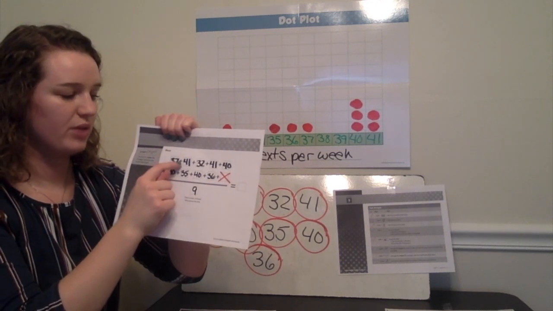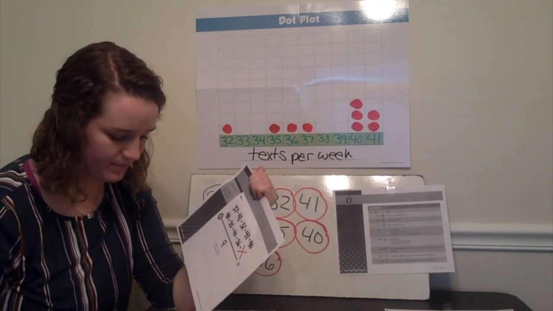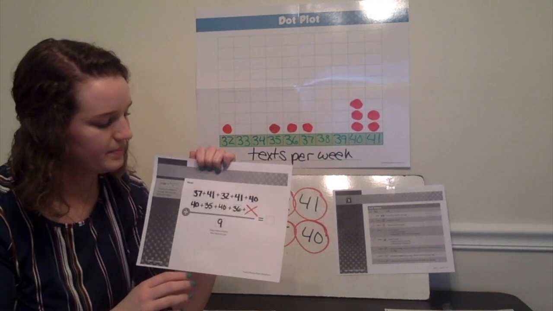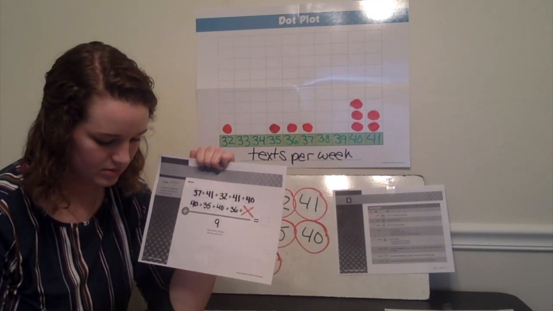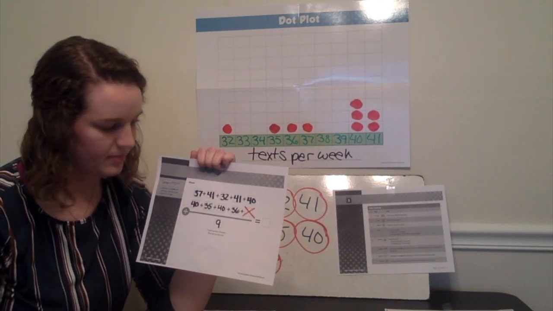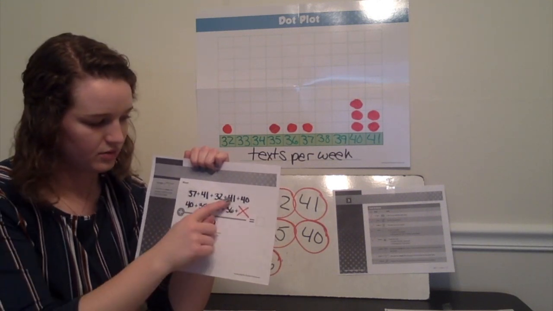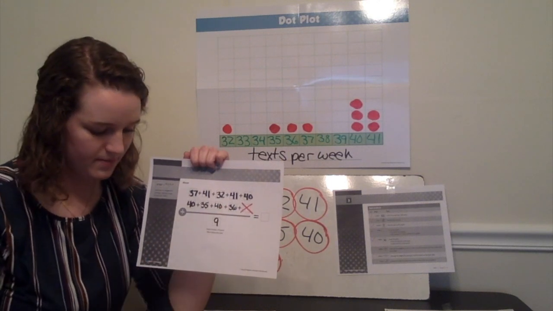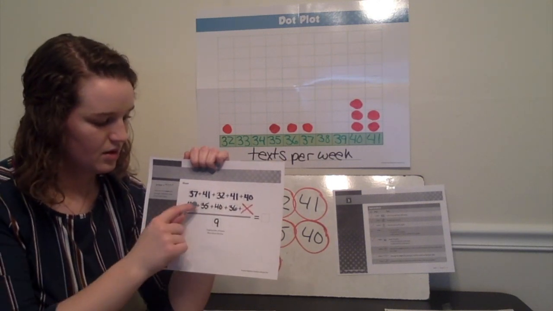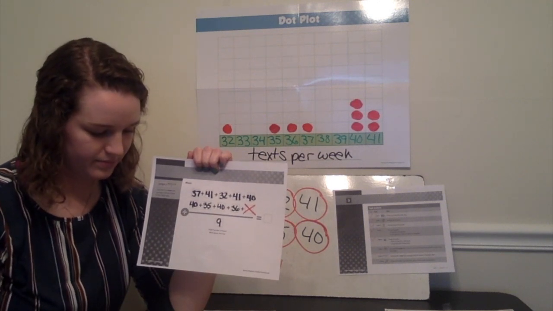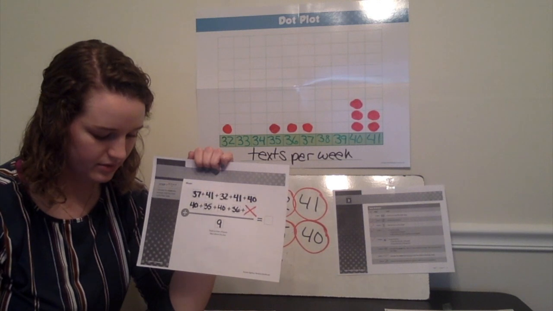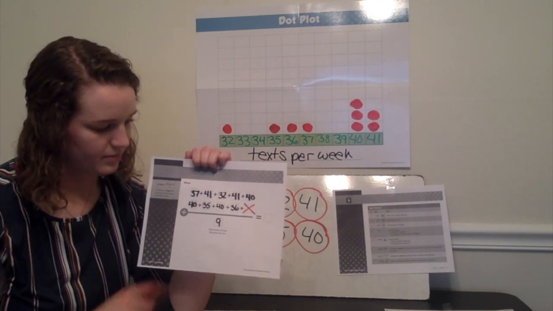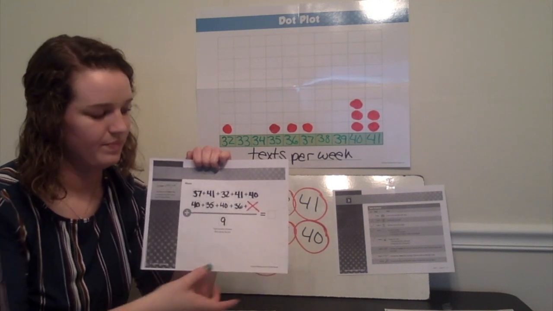So we're going to do 37 plus 41 plus 32 plus 41 plus 40 plus 40 plus 35 plus 40 plus 36. Okay? So I'll give you a minute.